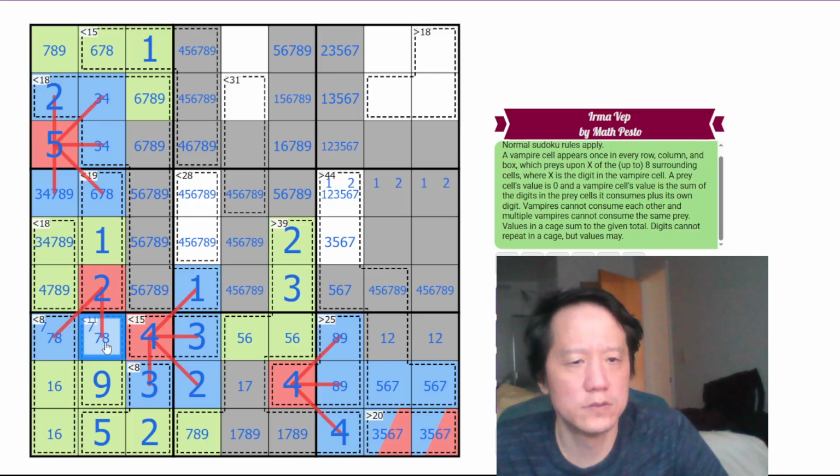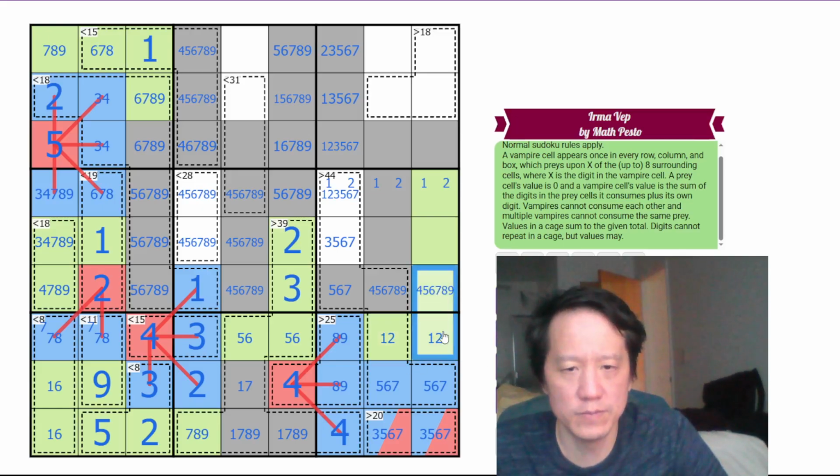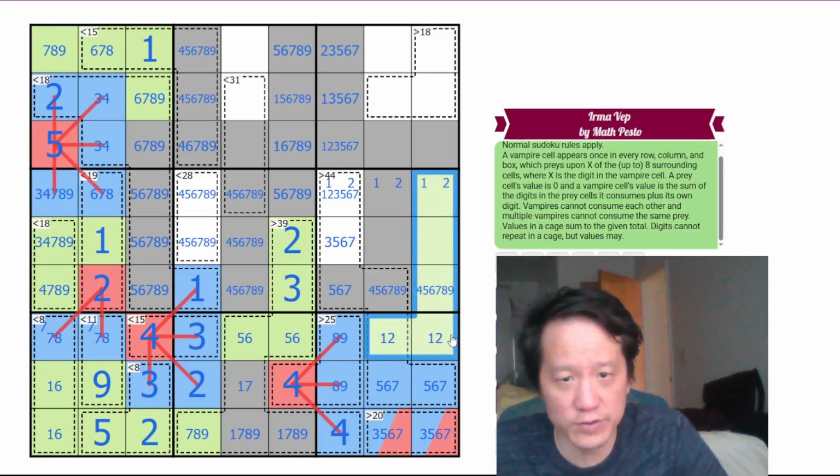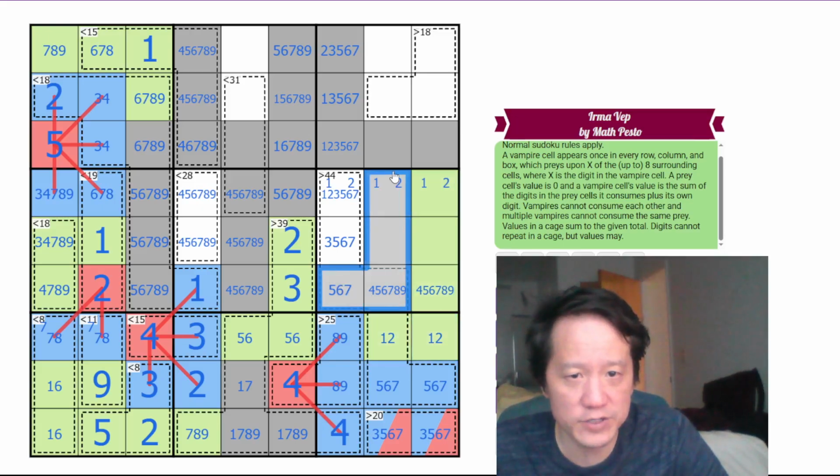Oh. These cannot be prey. Actually, none of these can be prey either. So these are the values that they have, but that's not saying very much.